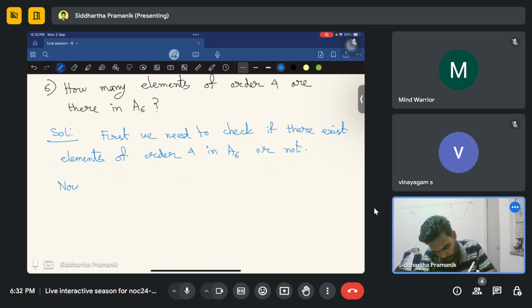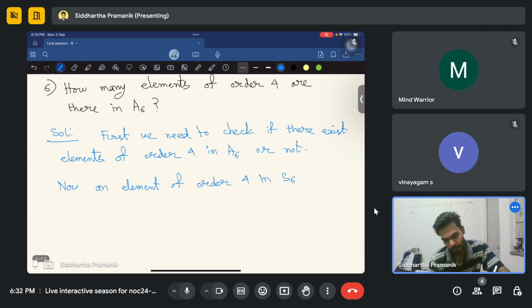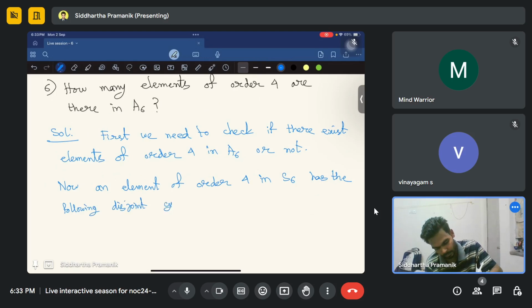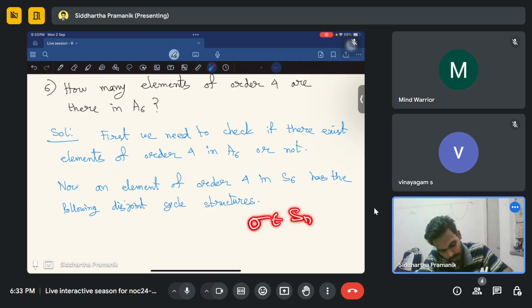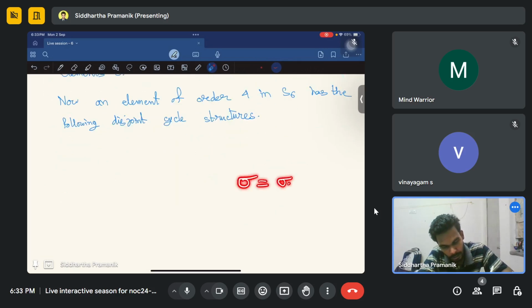Now an element of order 4 in S6 has the following disjoint cycle structures. Remember that in Sn, if sigma belongs to Sn, then sigma can be written uniquely as a product of disjoint cycles.